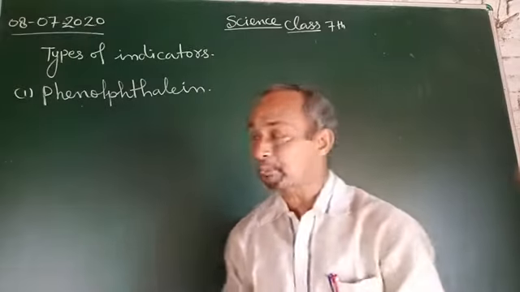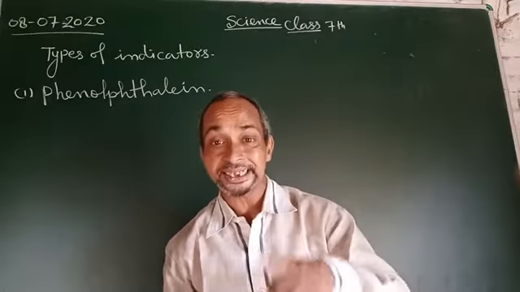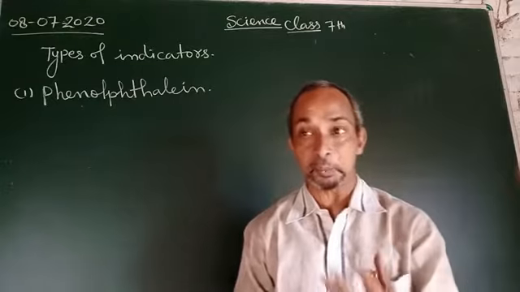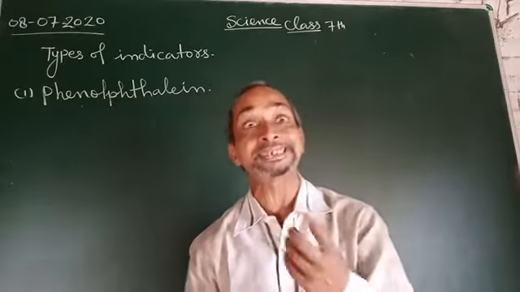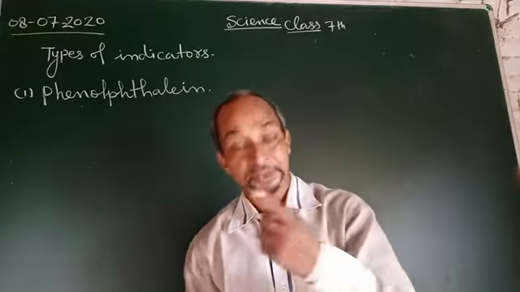You can justify acidic and basic solutions by the phenolphthalein indicator. It gives the result as colorless in acidic solution and pink color in basic solution.